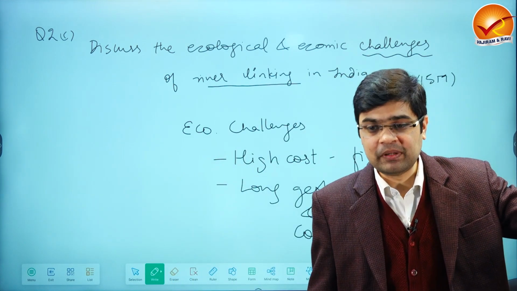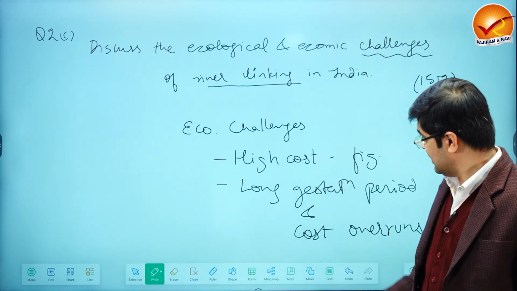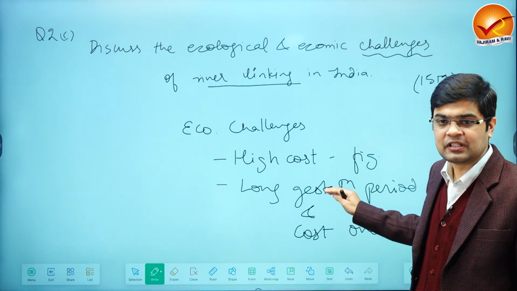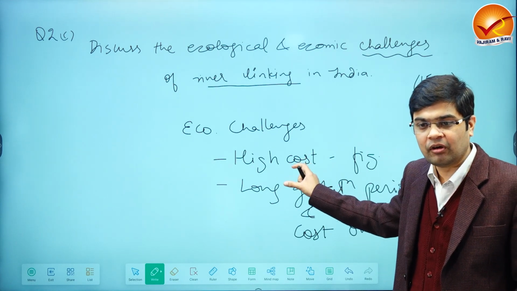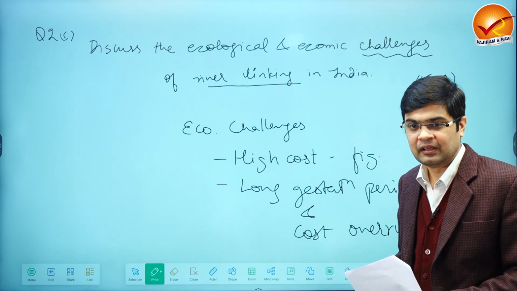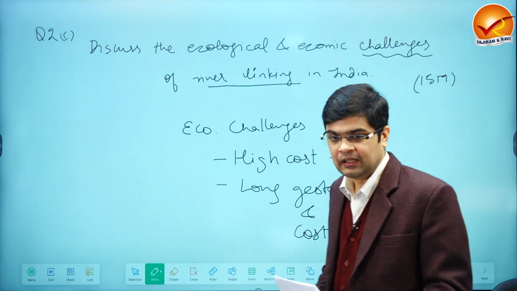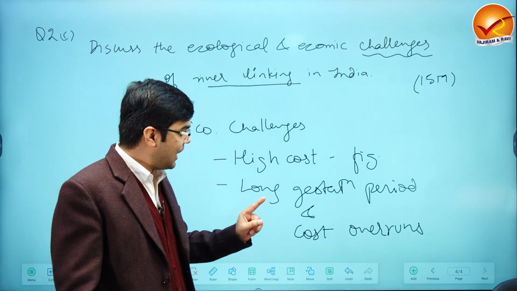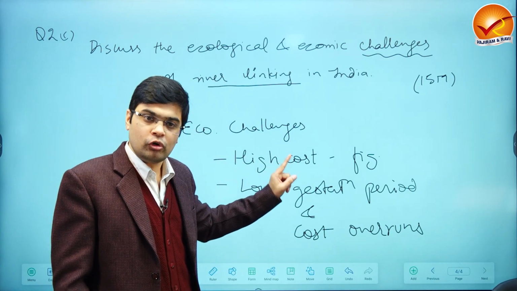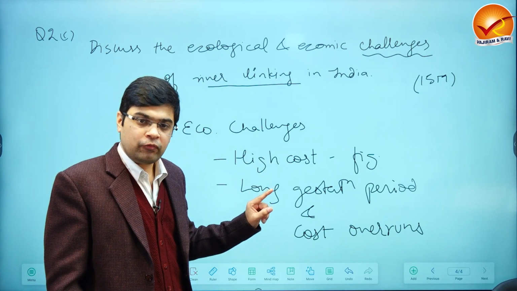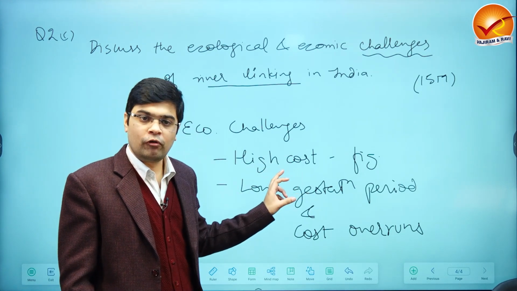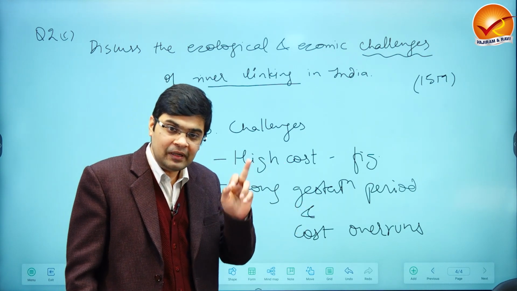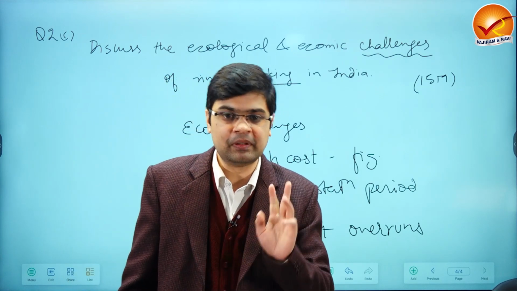We have a long gestation period, and as a result of which there are cost overruns. None of these sort of projects have been completed on time. Not only amount will be required for acquisition of the land, not only amount will be required for the construction of the dam, but amount will also be required for rehabilitation and resettlement of people.